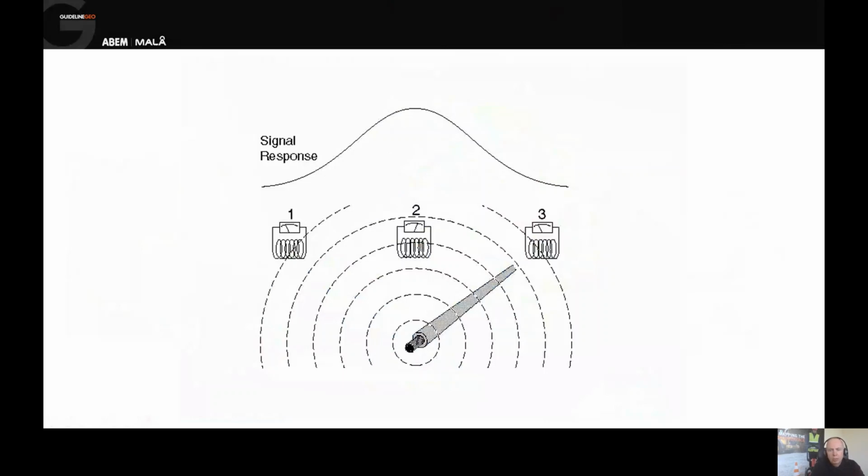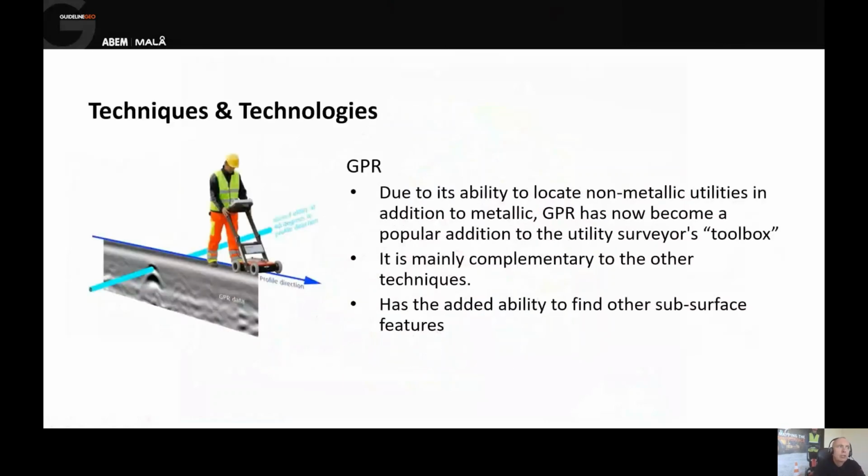So when it comes to the plastic, that's where we're typically going to deploy the GPR. And GPR is a recognized technique now to work alongside the EM locators. Sometimes we can use one or the other, and I'm going to discuss this a little bit later, but quite often to do a complete thorough search of the area, we're going to use both GPR and EM locators.